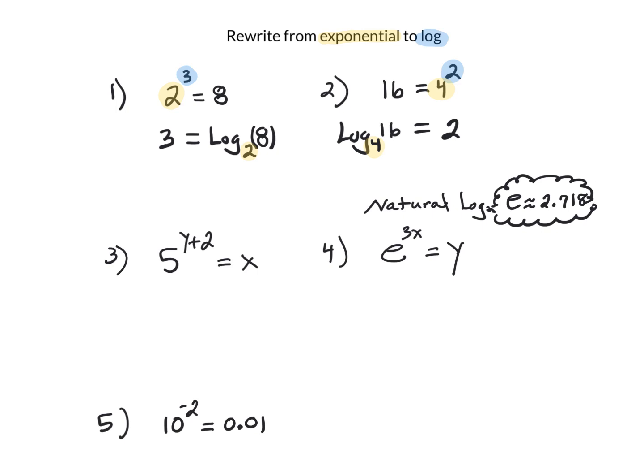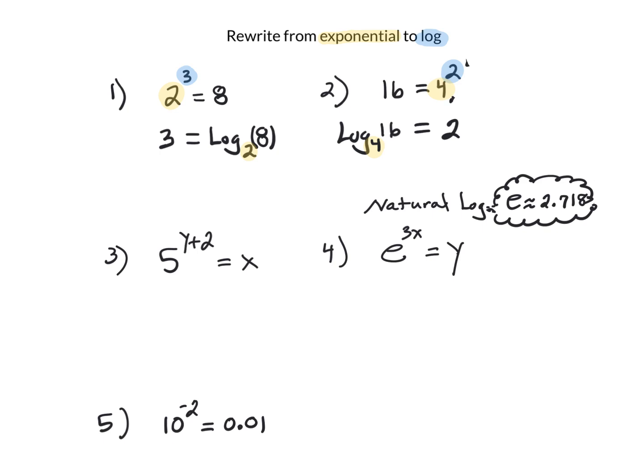So 2 is equal to log base 4 of 16. And that's how you'd read that.